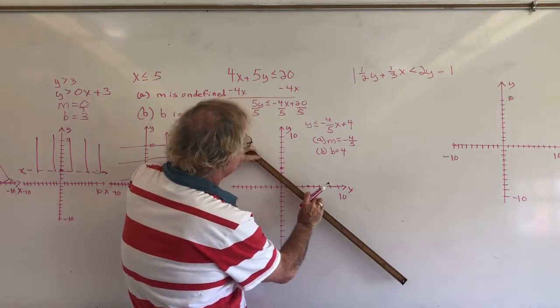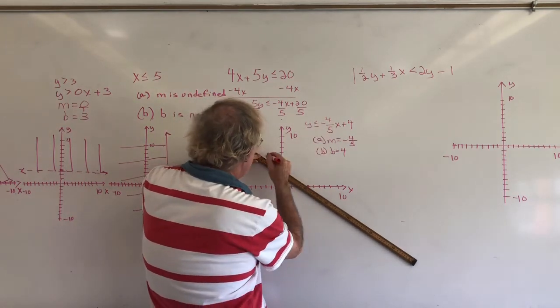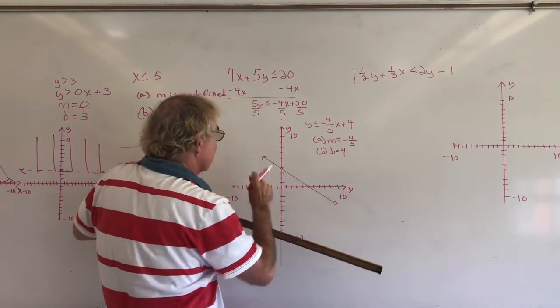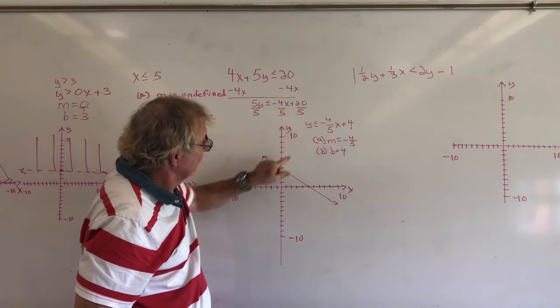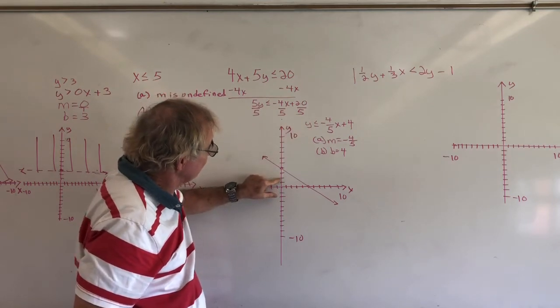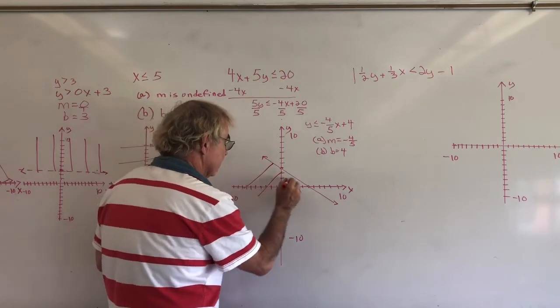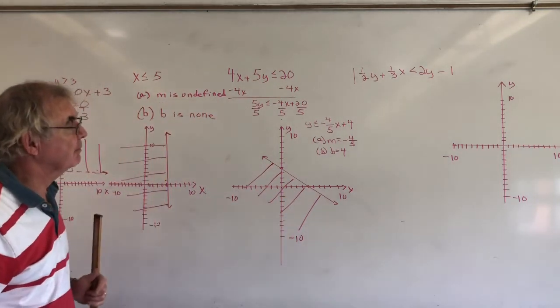We look up, it's an equal sign, so a solid line. And where do we shade? It's below 4, so it's 3, 2, 1, 0. It's underneath. So any point underneath that line will work.